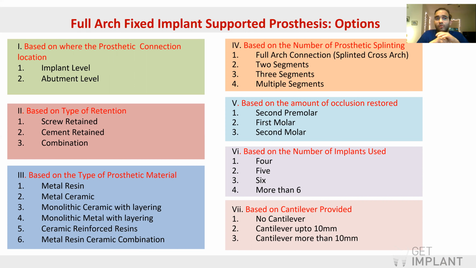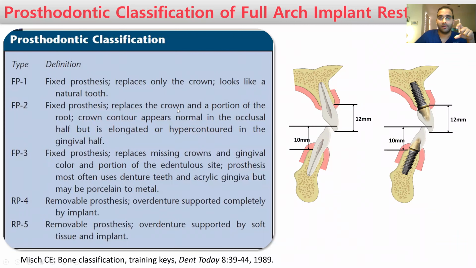And then going from cement retained to screw retained, or a combination, which is screw-mentable, even for full arch, I think it is going to make our job as dentists a lot easier in the long term, because the maintenance and everything for a retrievable prosthesis is a lot easier than a prosthesis which has been cemented and is very hard to remove. Okay, so we'll be touching on these two aspects a little more.